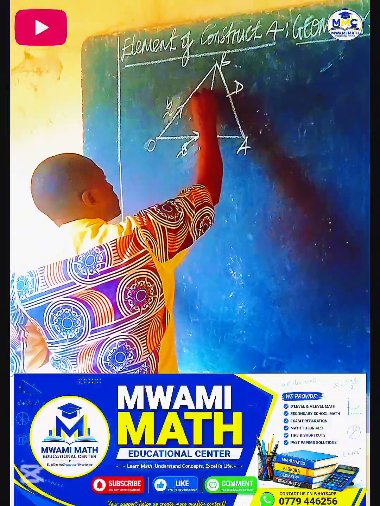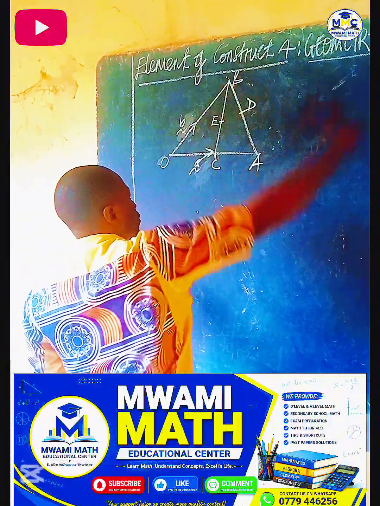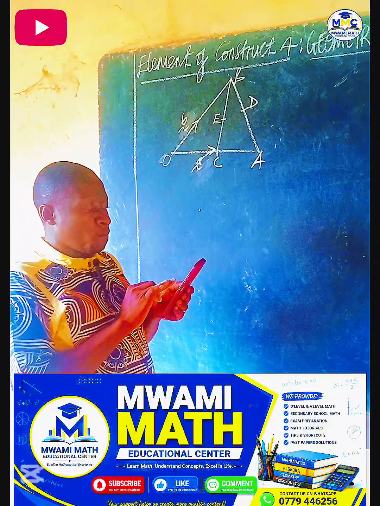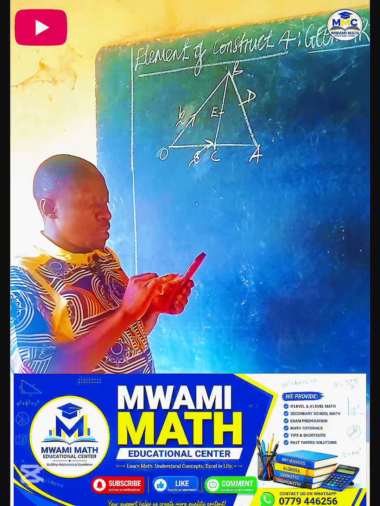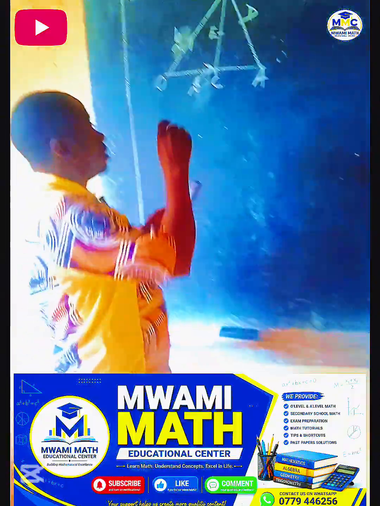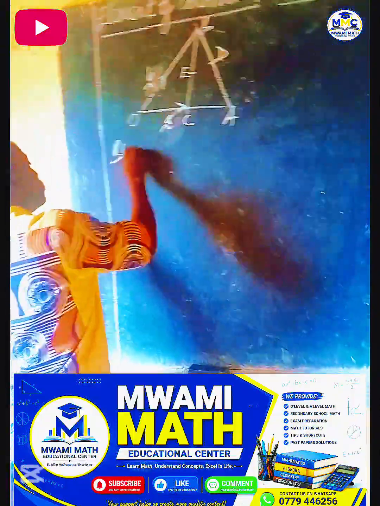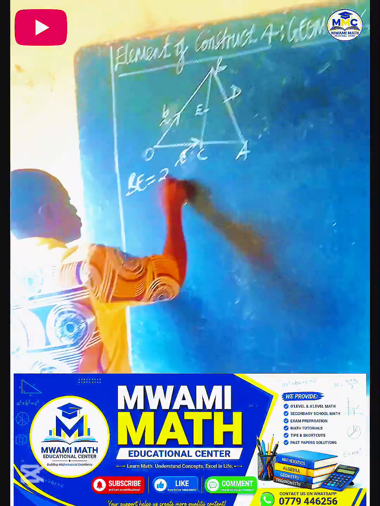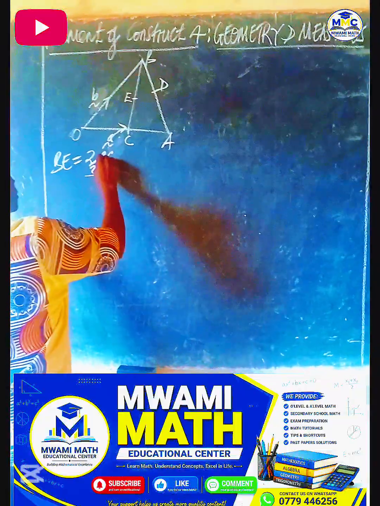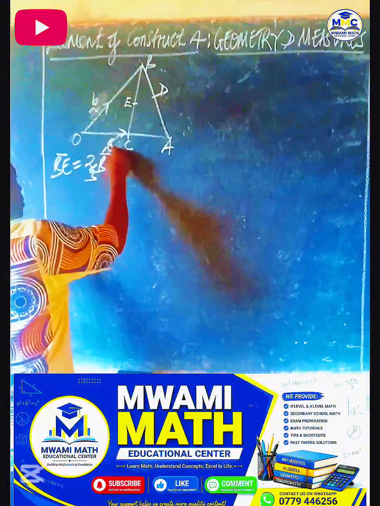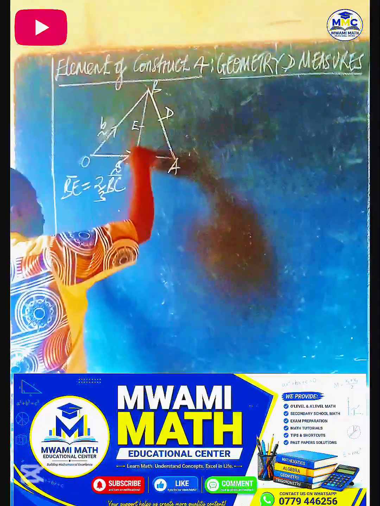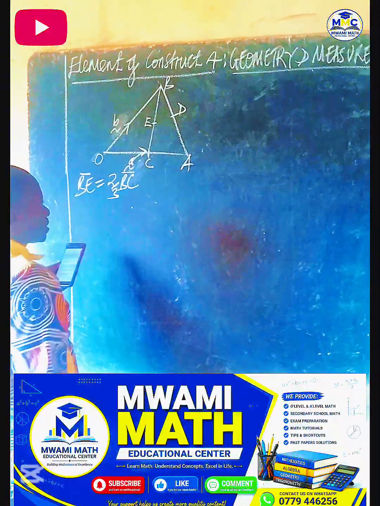Clear. Point E. Then B. Okay, such that BE is 2/3 of BC.